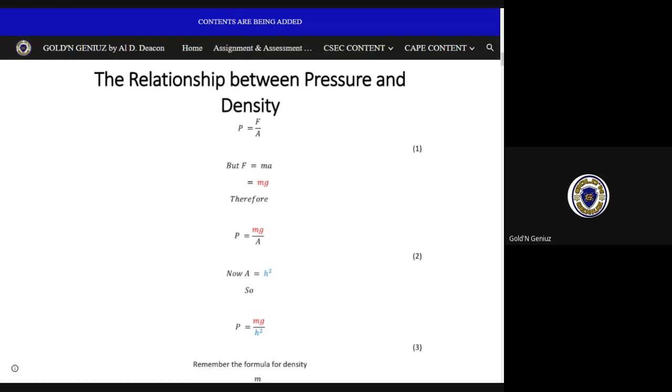All I need to do is multiply the mass by the acceleration due to gravity, which we by now know is 10 meters per second squared, or if it says gravitational field strength, 10 newtons per kilogram. In both cases, all I need to do is get the mass from my scale, multiply it by 10, and divide it by the area. That's what equation 2 is saying.